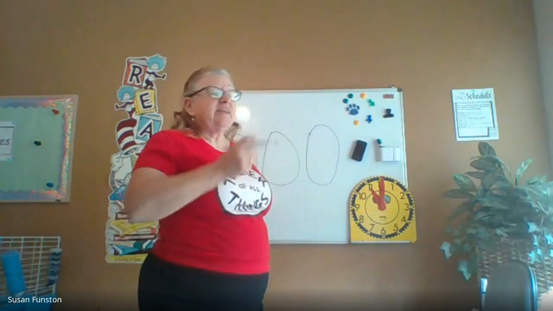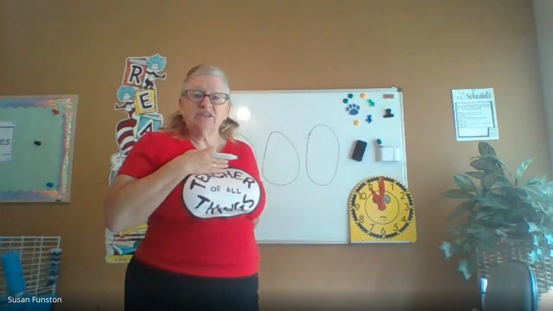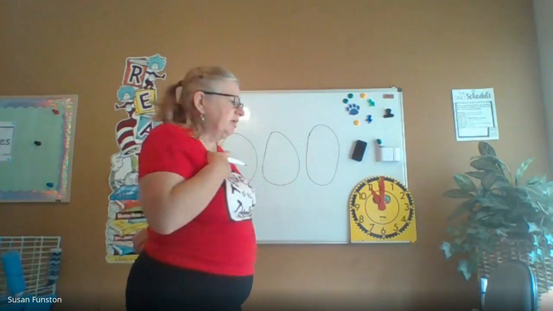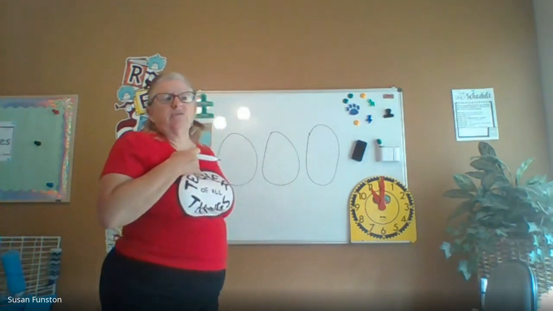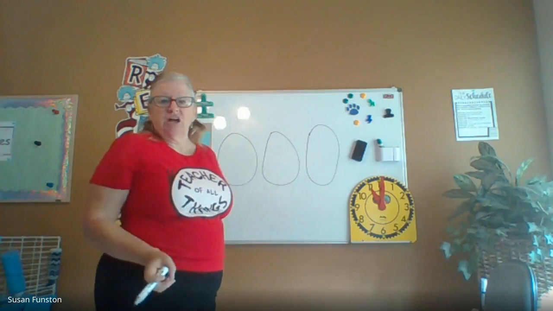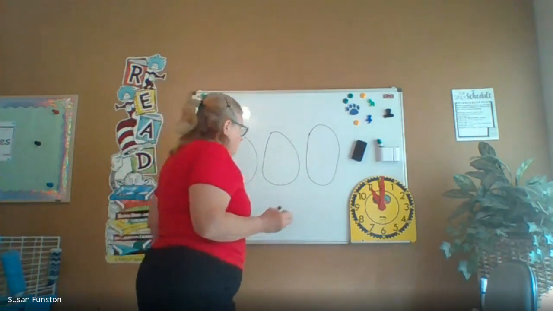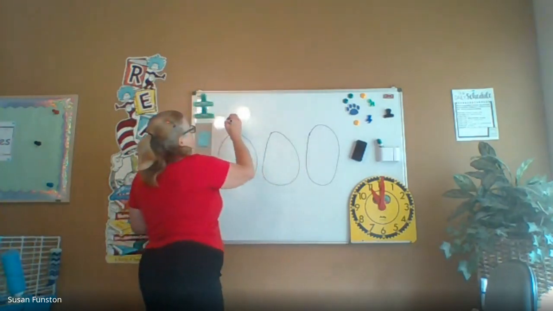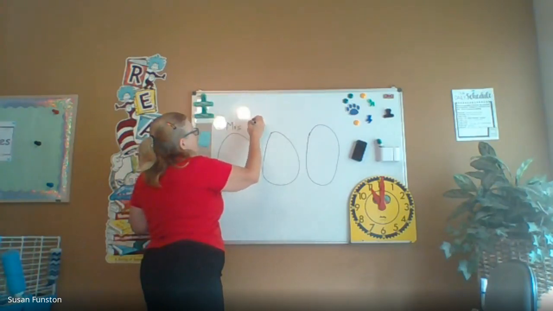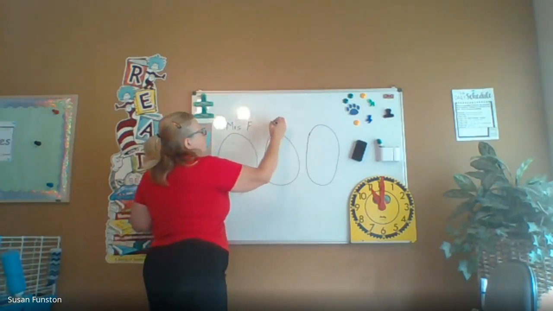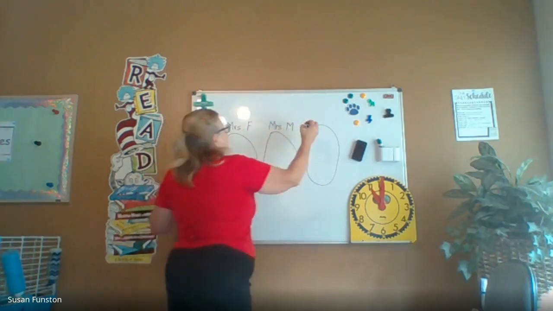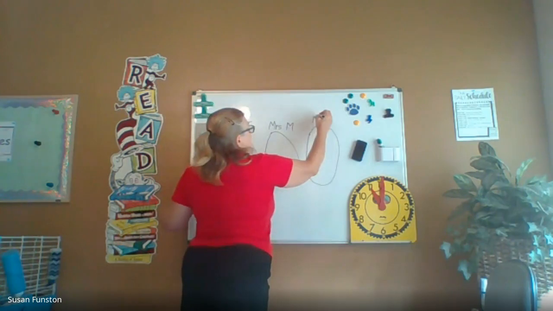So let's say this time I got 15 markers, but I want to share them equally with Mrs. McElwee and Mr. Diaso. Okay, so here we have markers for me, markers for Mrs. McElwee, and markers for Mr. Diaso.